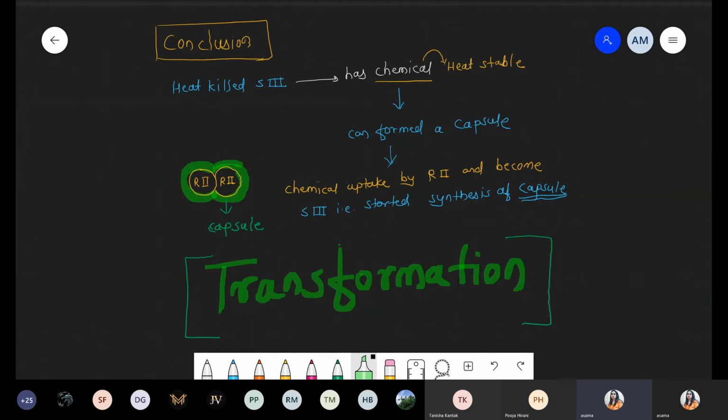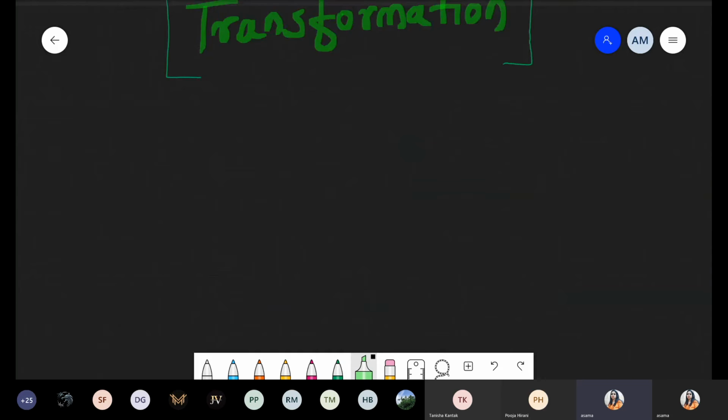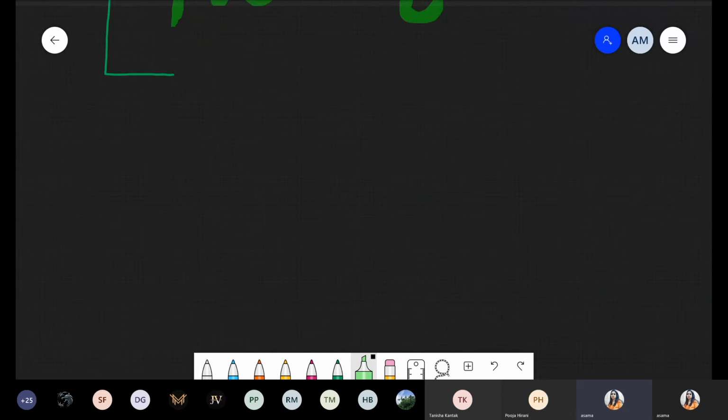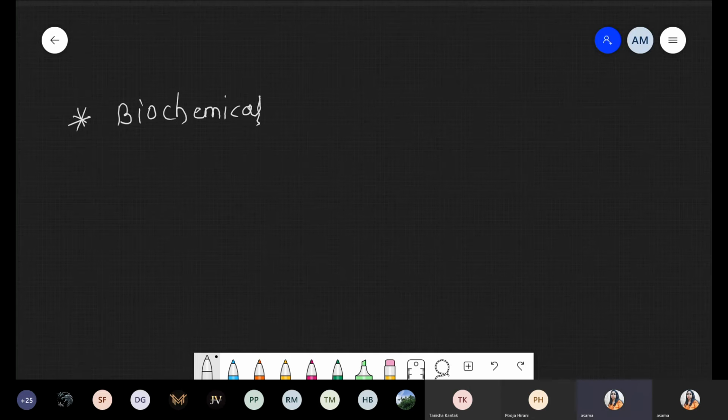So after Griffith, the second experiment to prove the genetic material is biochemical characterization. Griffith part is over, okay? Just cover that part. We are talking about the second experiment, and the title, biochemical characterization. Means we have to give a name for that chemical.